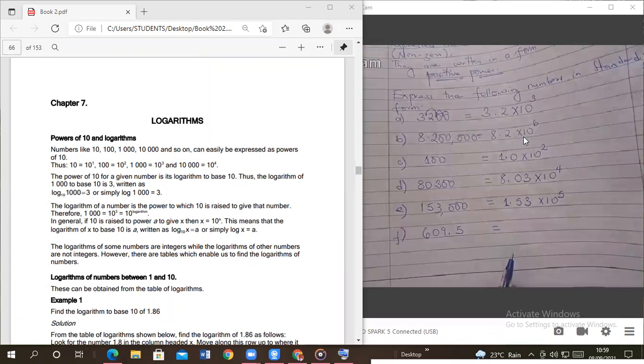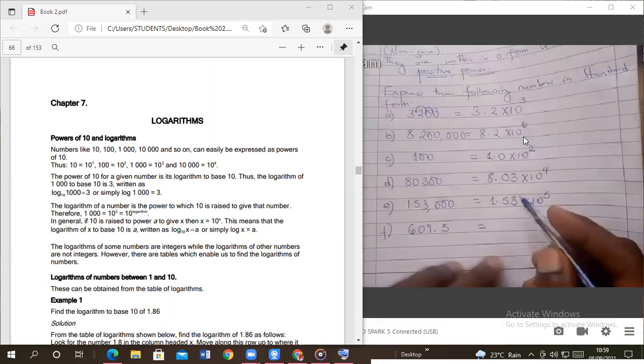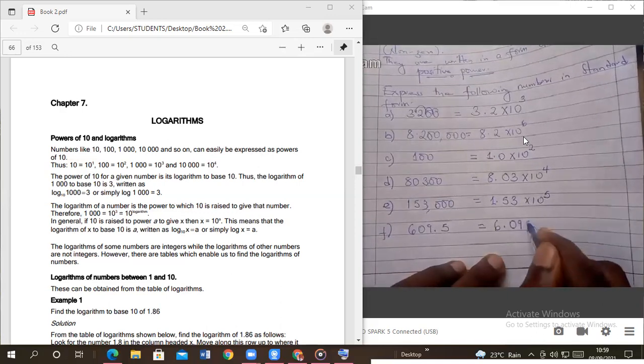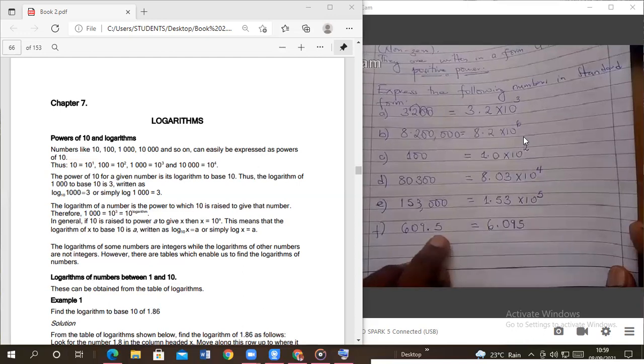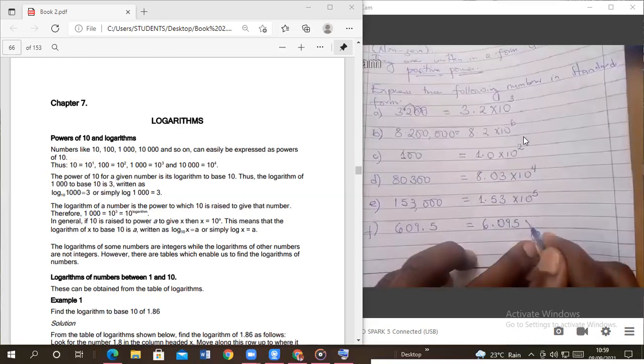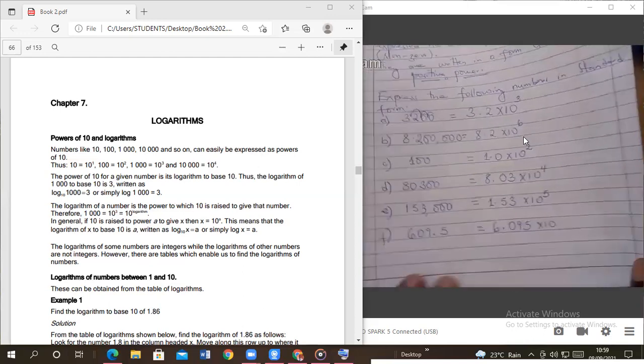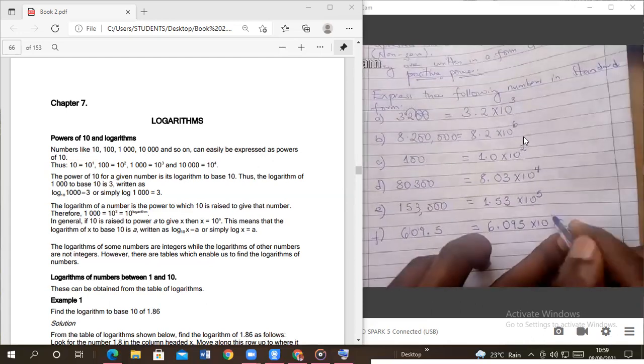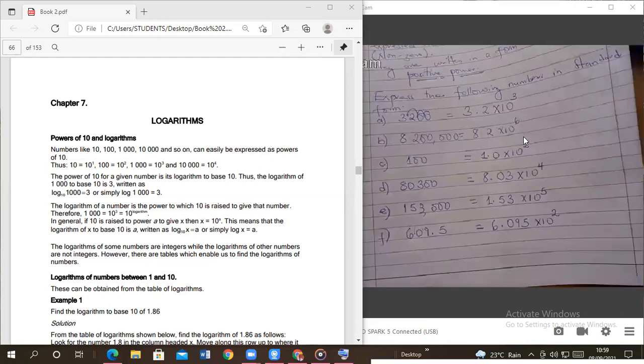So which means we are going to have 6.095 times, what will be the power? Now you start from here, 1, 2, which means to the power 2. Have you seen that?